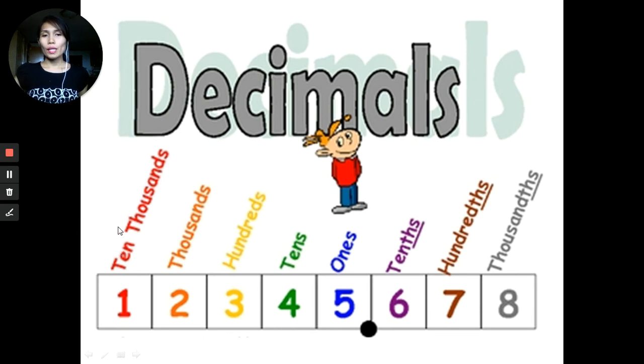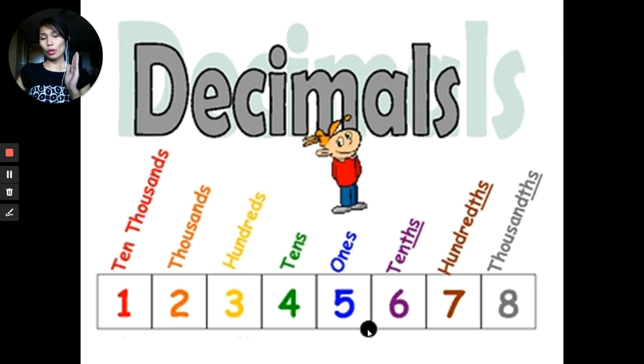All right, before proceeding, we have to review first the place value of our decimals. Okay, so in here you see after the decimal point, it's where we find the decimal numbers.